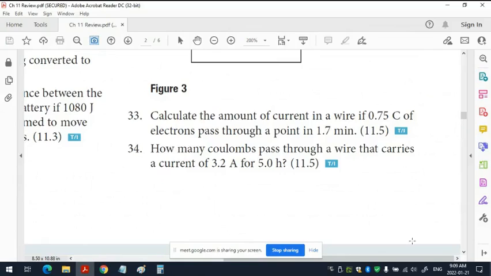You're given time, so we have delta t. Good. What else? We're given charge. What equation combines charge and time? Only one, something over time. It's charge over time.